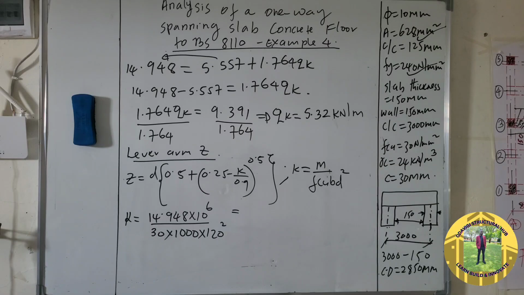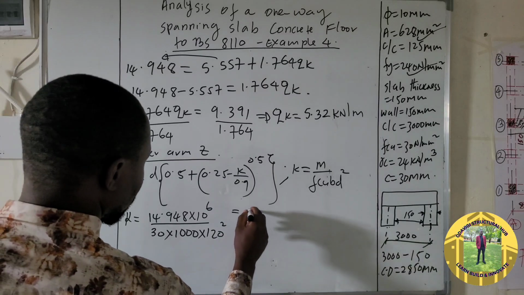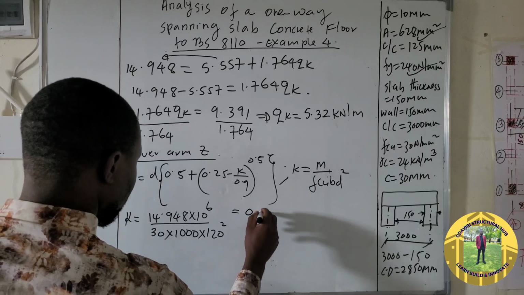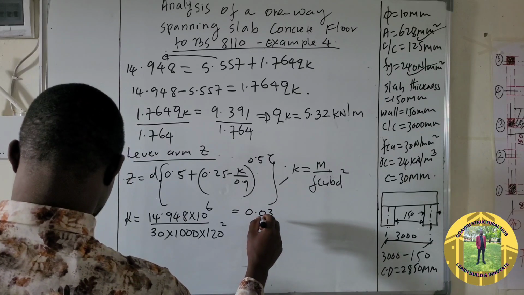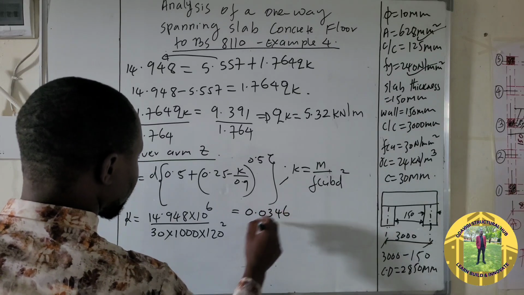So this one is equal to 14.948 times 10 raised power 6 over 30 times 1,000 times 120 square. So this one is equal to 0.0346.